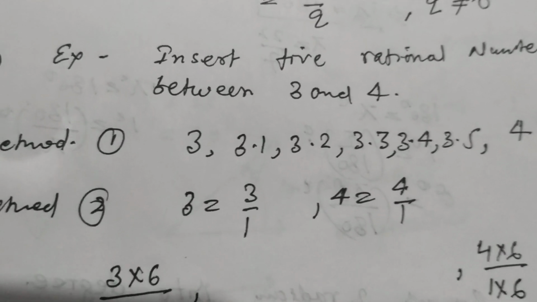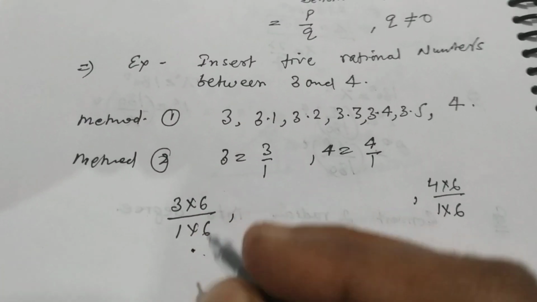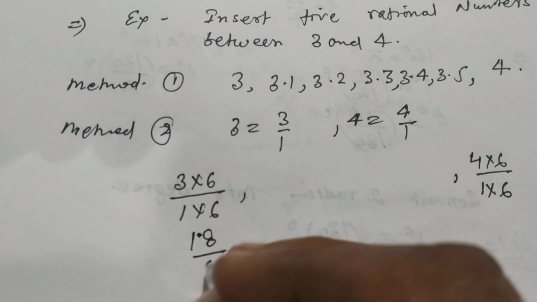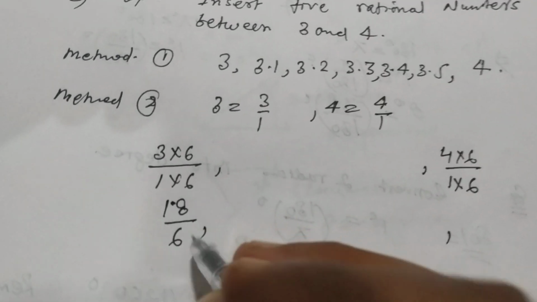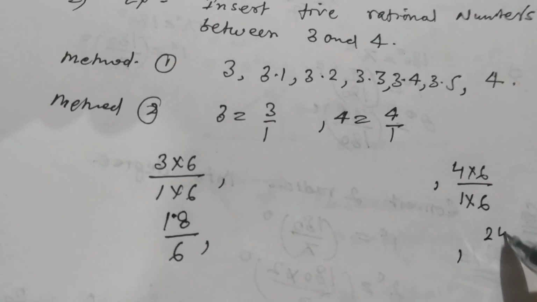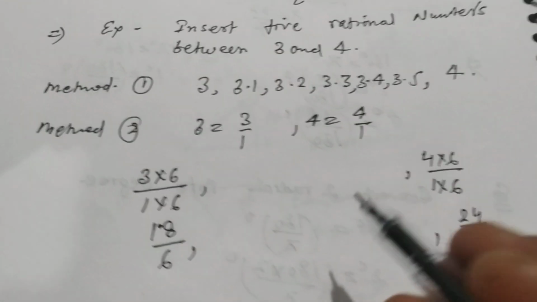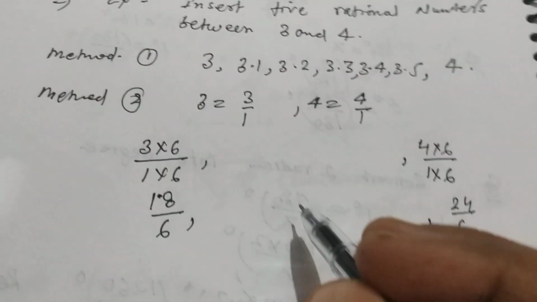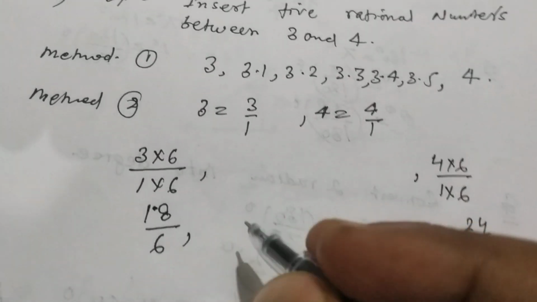So this is equal to 18 upon 6 and this is equal to 24 upon 6. Now we can increase the numerator, keeping the denominator unchanged.